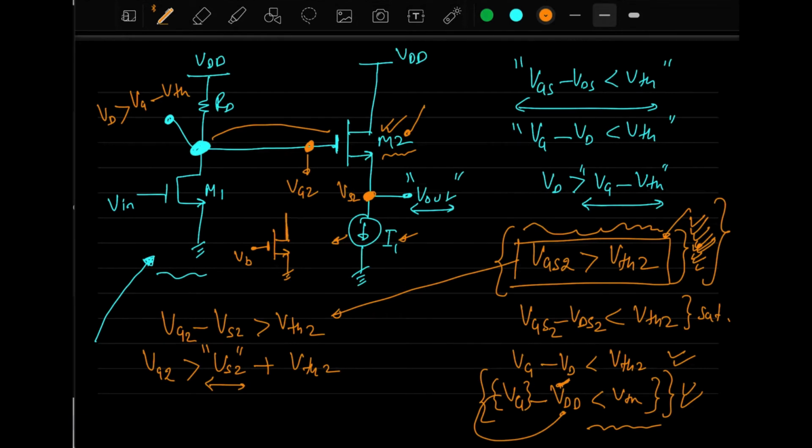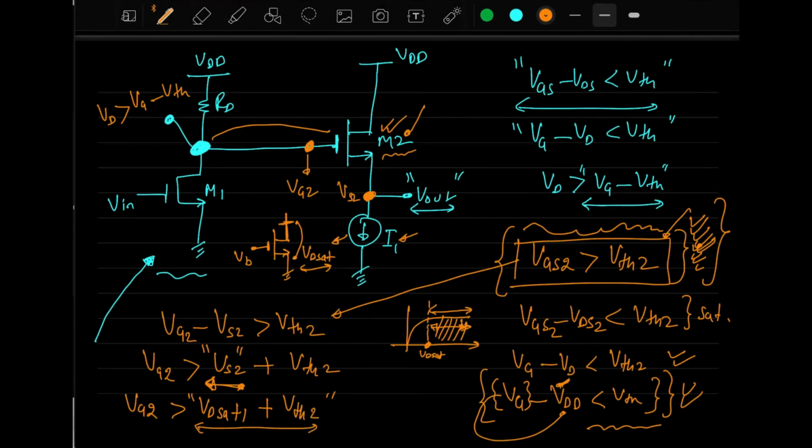If you want the circuit to operate as a current source, the minimum voltage that you require here is VDsat. This behavior is only possible if you are greater than VDsat. That's why I'm writing VDsat here, because only in this region it behaves as a current source. So this VS2 has to be at least VDsat1 plus VDH2.